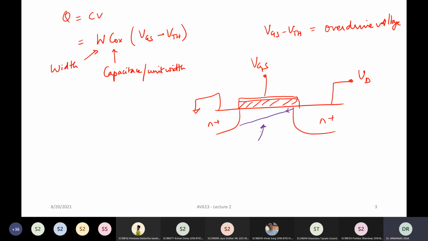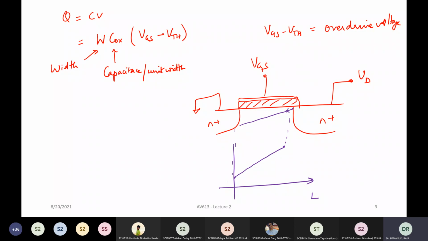If you draw it across the length of the channel, the potential of the channel is going to be quite low over here, and high at this particular point. That is because there is a potential at the drain end, and at the source end it is ground. So this potential has to get distributed physically across the channel.